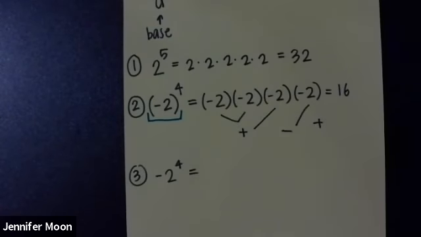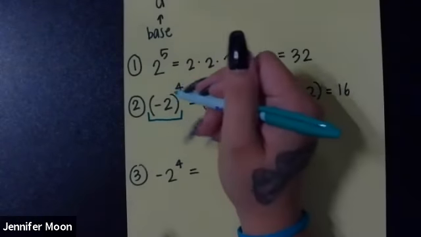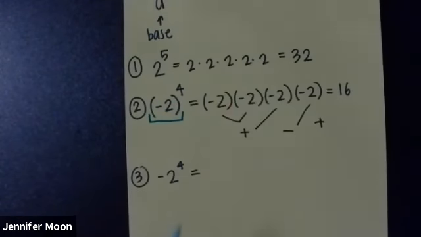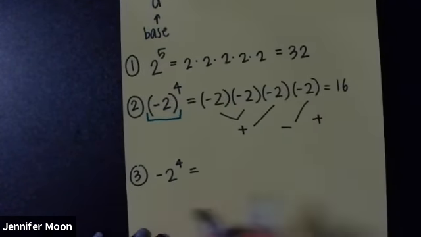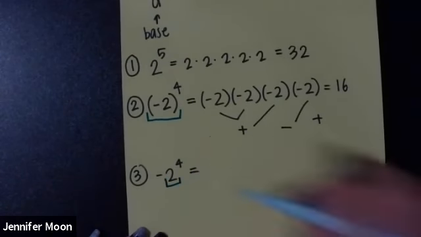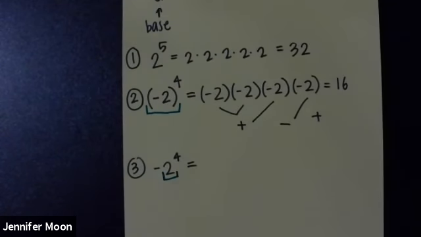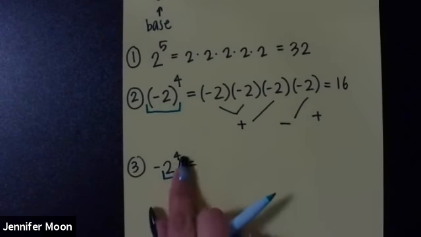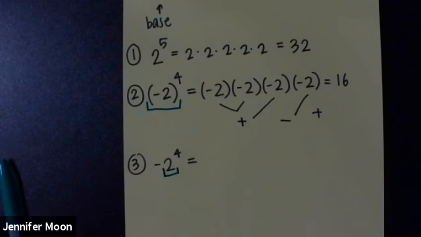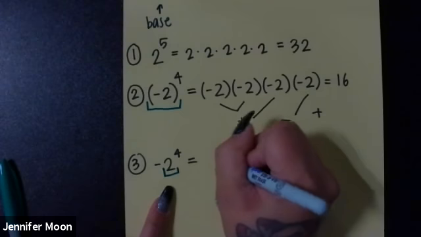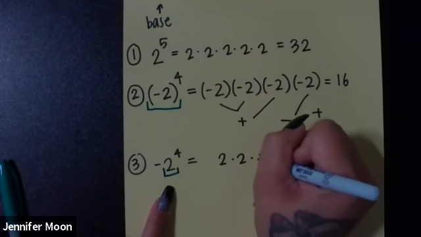Your base here is just what's being raised to the exponent. Here in parentheses, I had a negative and a 2. Here with no parentheses, just my 2 is my base. That negative's there, right? It's an addition to this 2 raised to the 4th power. But the only thing I'm going to multiply by itself 4 times is 2 times 2 times 2 times 2.